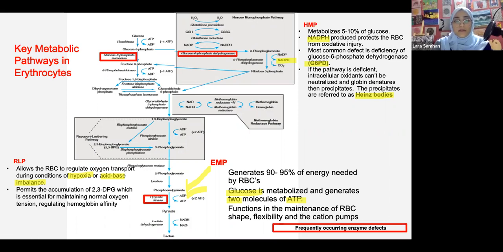This is very helpful because if we have any imbalance, ischemia, or hypoxia in the body, this RLP pathway is like a compensatory pathway that tries as much as possible to deliver oxygen throughout the body. So these are the three main pathways of erythrocyte metabolism. So is it clear?